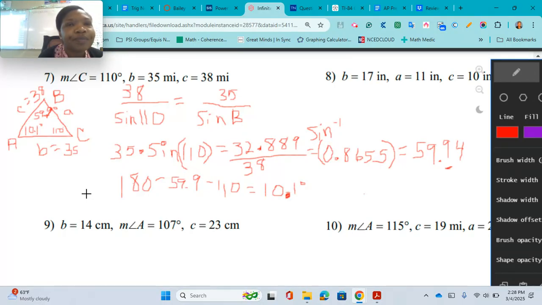Strategy. The law of sine. We could set up a couple proportions. We could use the same one that we just did, the 38 over the sine of 110, and just change the other one.